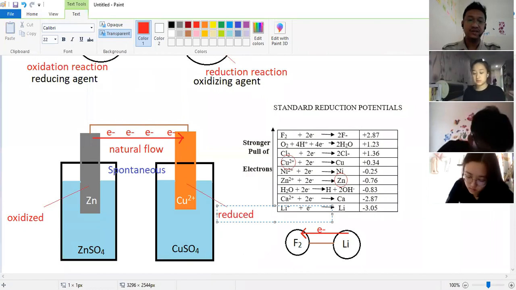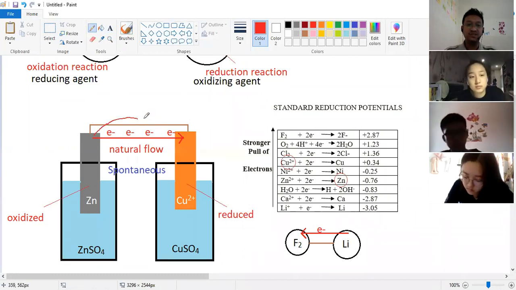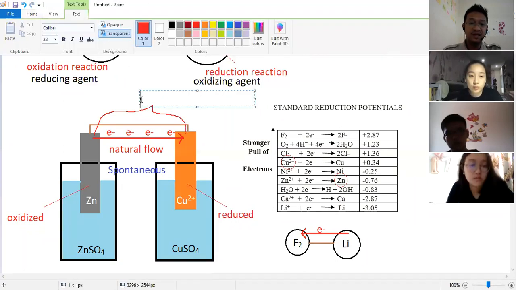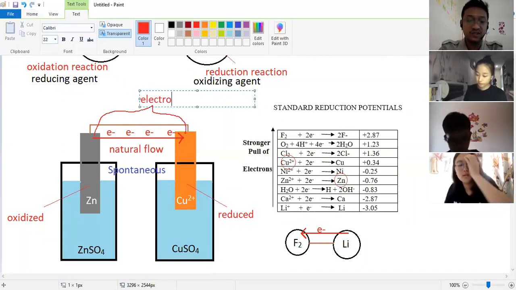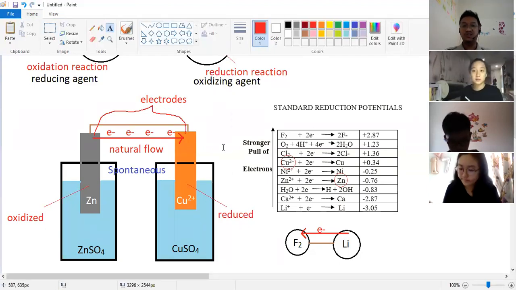Now, by the way, the metal plates zinc and copper, we call them electrodes. And there are two types of electrodes.